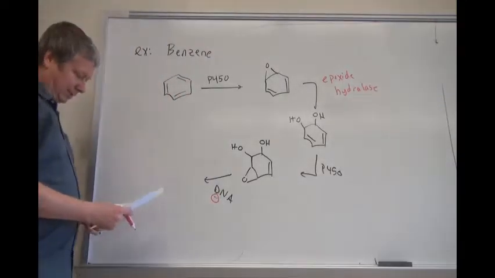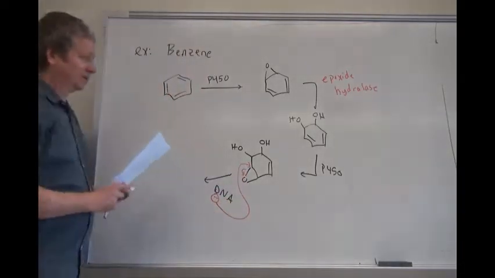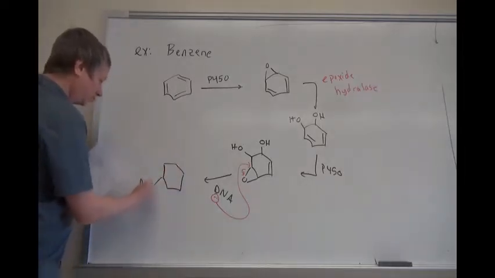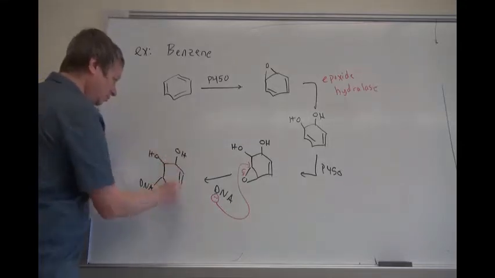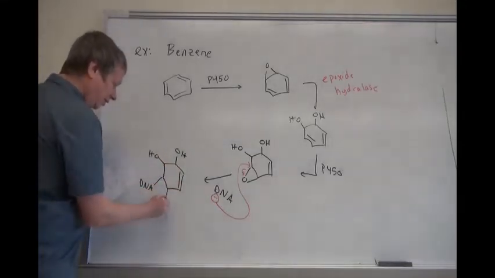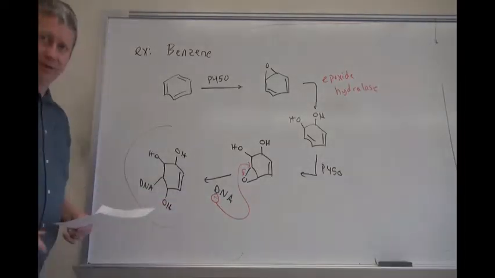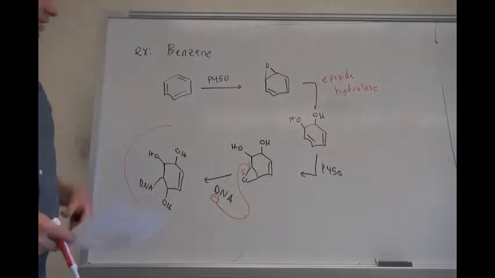So now DNA would attach to one of these sides. And give like an alcohol, like that. And that is what would give you a cancer or something like that. That's benzene.